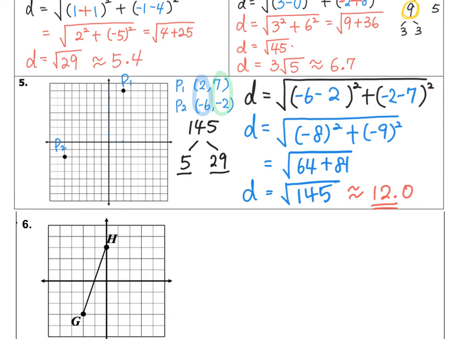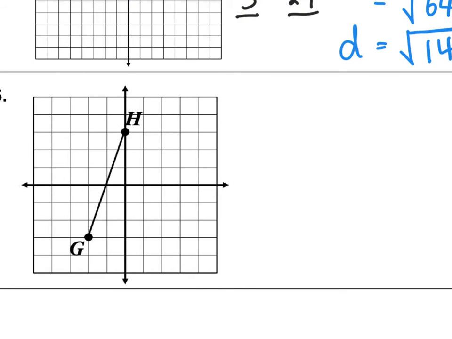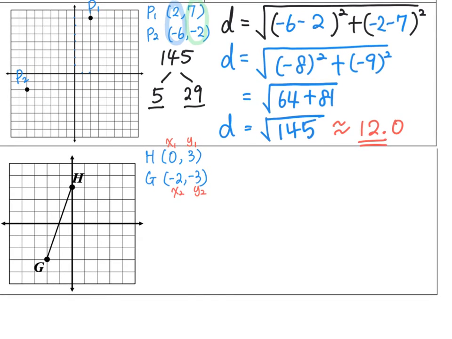All right, now the last one. So we have point H and point G. So point H has x value 0, y value positive 3, and G is negative 2 and negative 3. So I'm going to use H as my x1, y1. G is x2, y2. So let's put it into the formula.